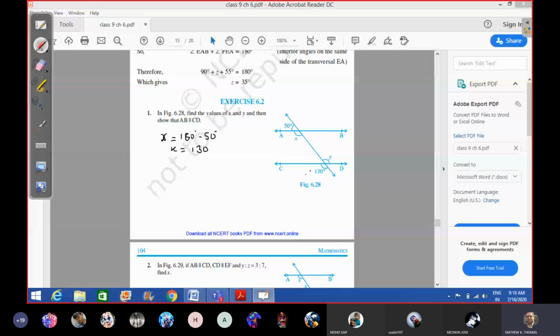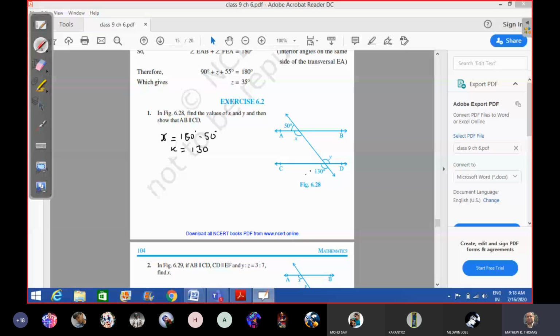What about this? How do you find the value of y? Sir, y is equal to 130 degrees because of vertically opposite angles. Yeah, you can use vertically opposite. Yesterday we did that if two lines intersect, then these are vertically opposite angles. So y is equal to 130 degrees.